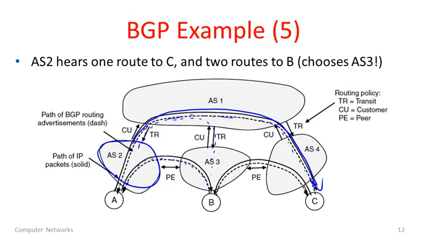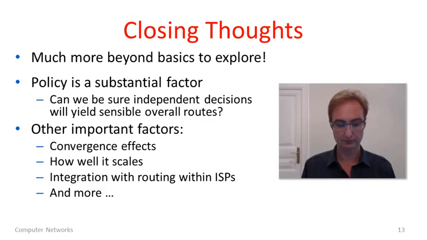And the answer is that the peering service is better because peering service is typically free, whereas you're paying for transit service by the volume. So AS2 is going to send over this link to reach B. And similarly, you can work through on your own what's going to happen for the route that AS3 and AS4 will choose to be able to send from B to other destinations on the internet.